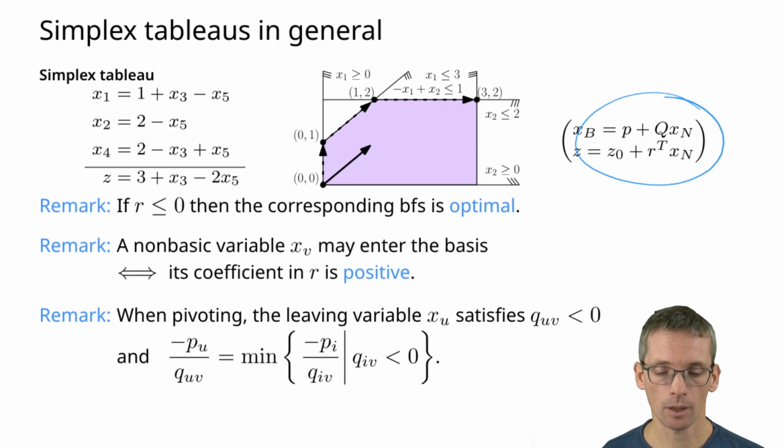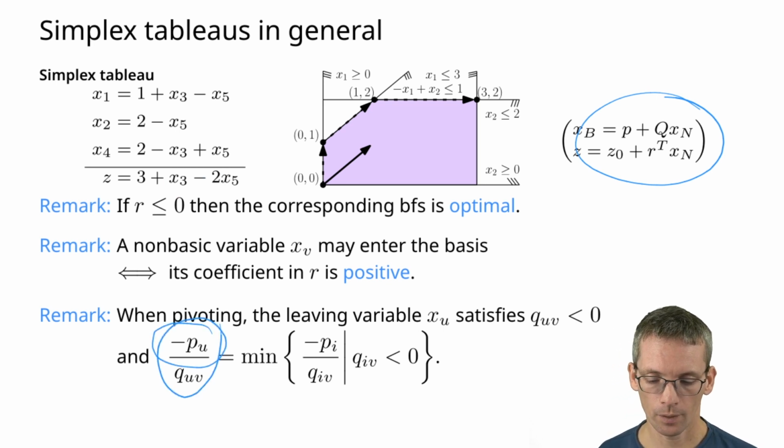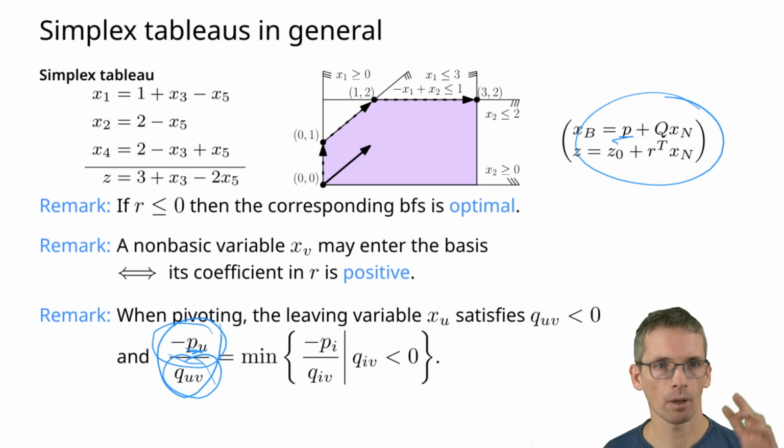And this is simply, I look at this quotient here. This is the p as it shows up for the corresponding variable, let's say at pu. I divide this by the quv, and the variable for which this quotient is minimal, that is the one that I'm going to swap out.